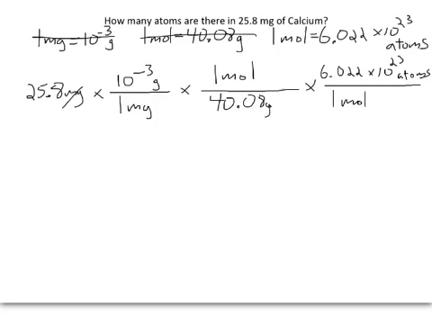So milligrams cancel, grams and grams, moles and moles. I'll be left with atoms. So we'll multiply everything across the numerator, then divide that by everything in the denominator, and the result that I get is 3.88 times 10 to the 20 atoms.